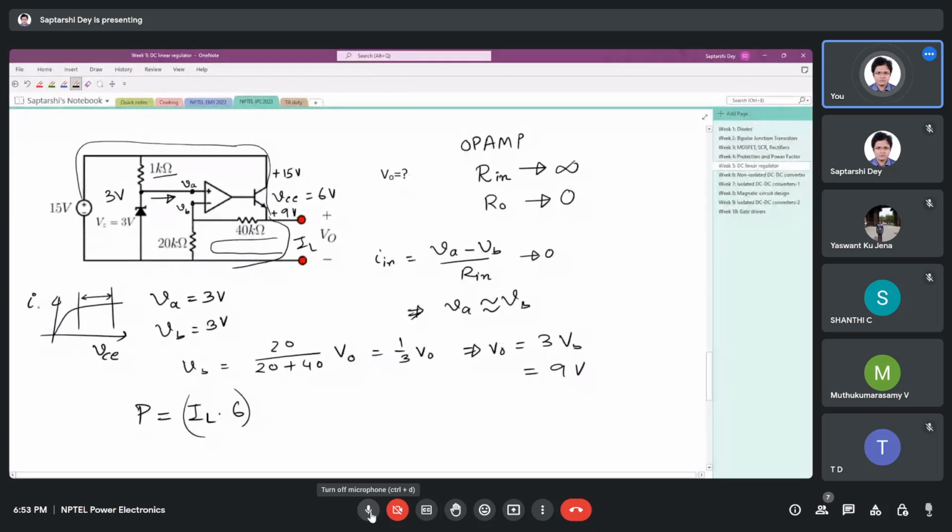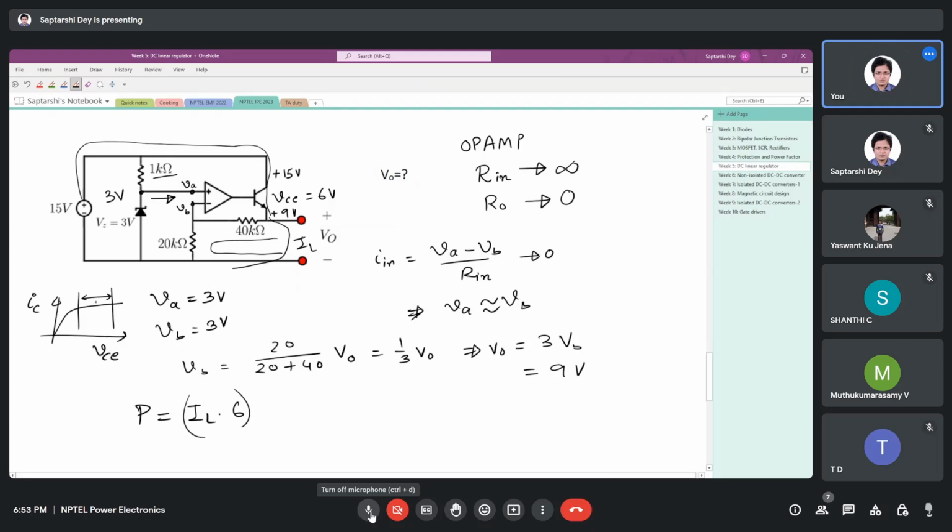This is IC. Depending on your IC, which is nothing but the load current, because there is 60 kilo ohm of resistance in this path, so negligible current. Whatever IC is, that is the load current.